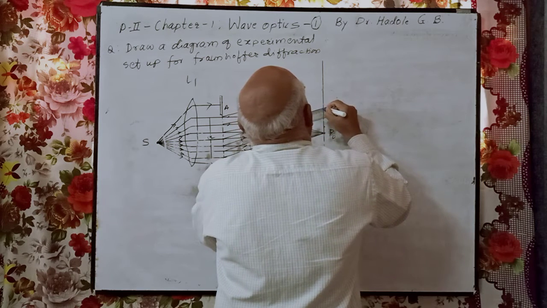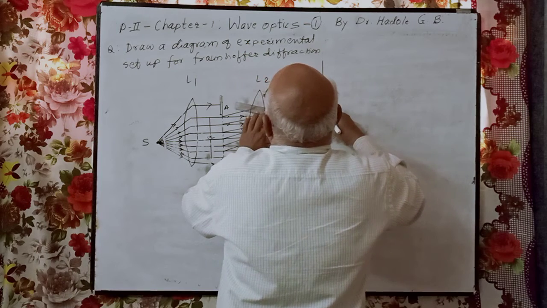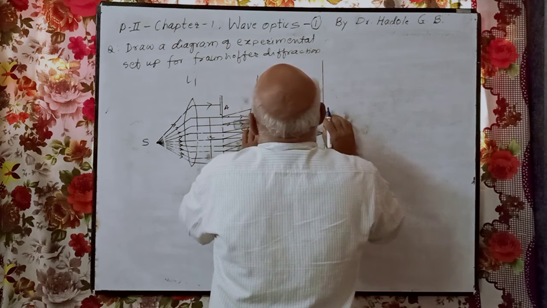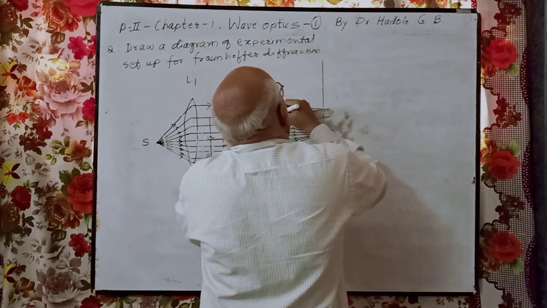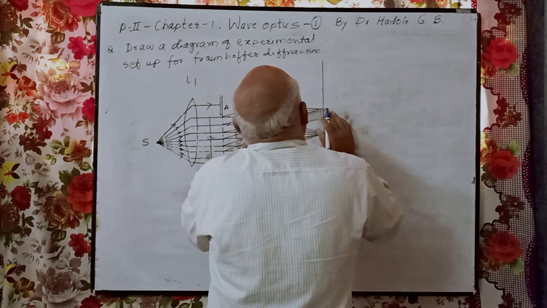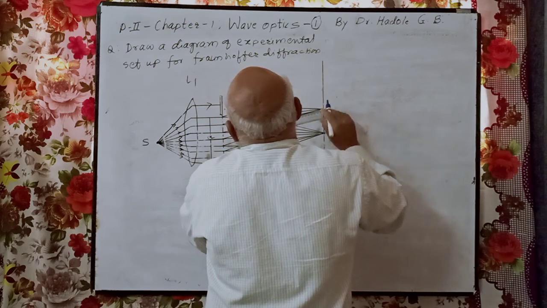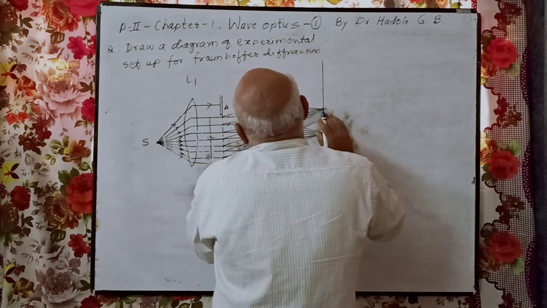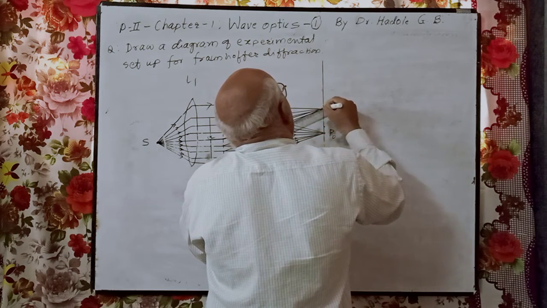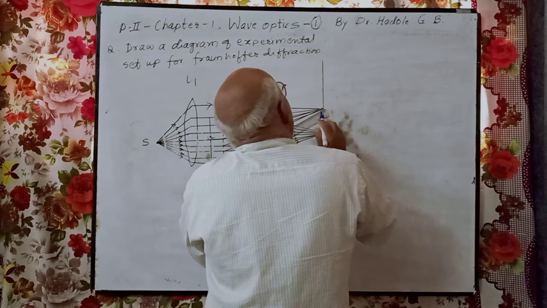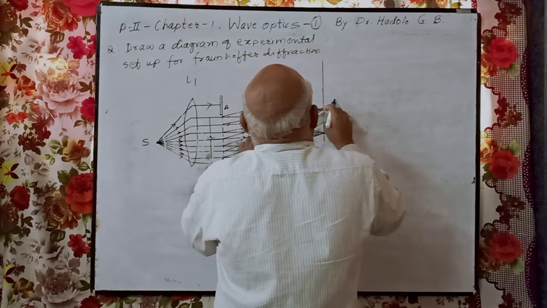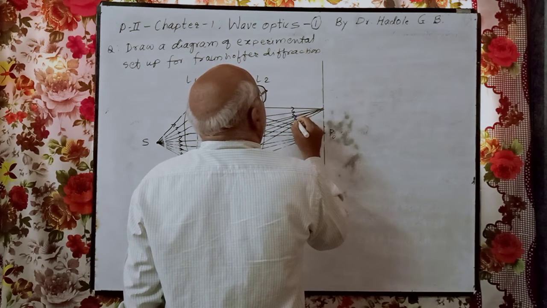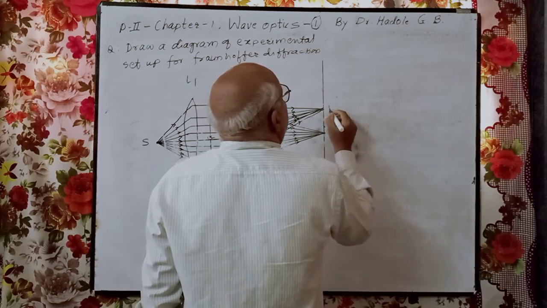The rays which are bent get converged at a certain point, forming the next bright point. This is point P.